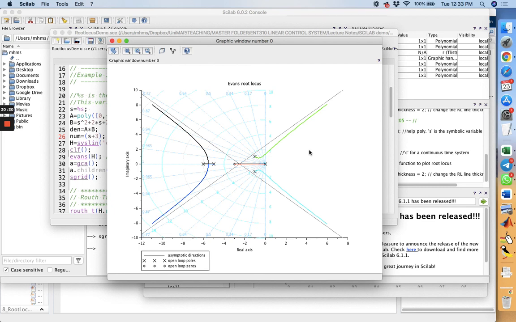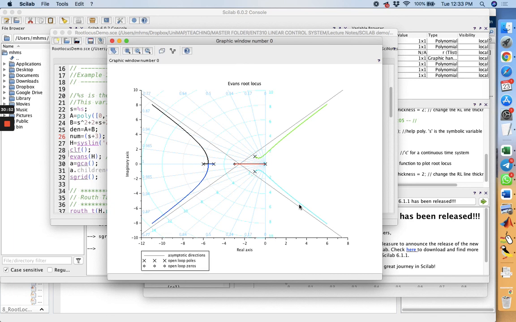In this example, we have 5 poles and 1 zero, so the number of asymptotes is 5 minus 1 equals 4. That's why we have 1, 2, 3, 4.